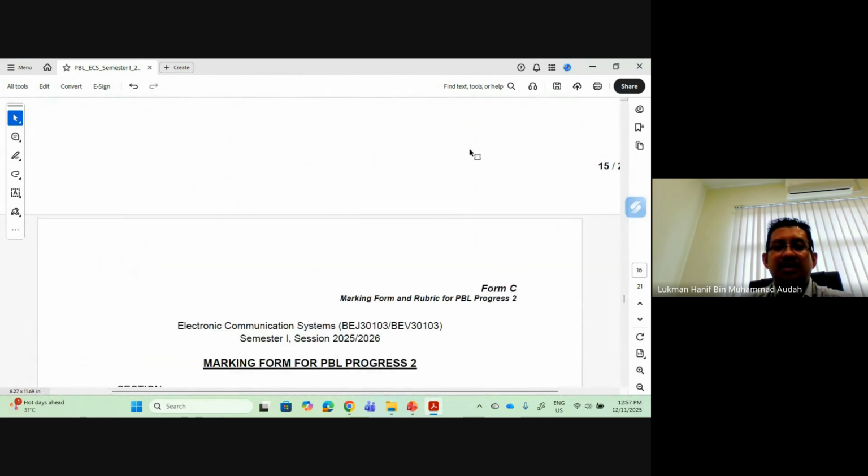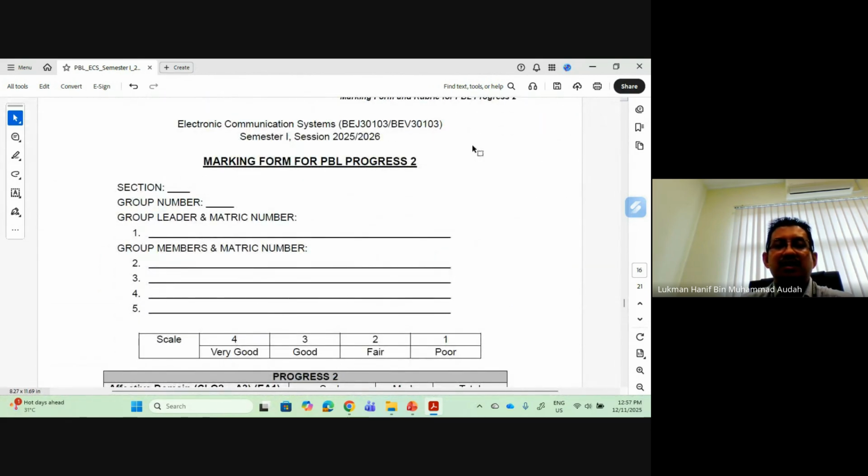And then this is the marking form for progress report 2. Actually, you can put the marking form in front as the front page of your report submission. For each submitted report, I suggest you put this marking form as the front page.